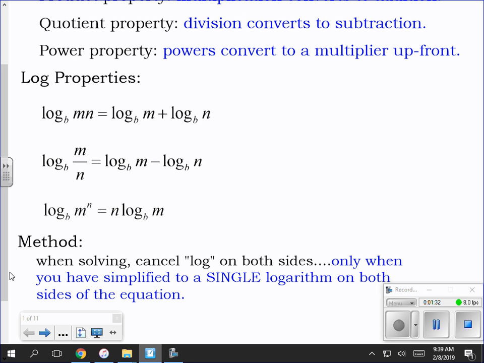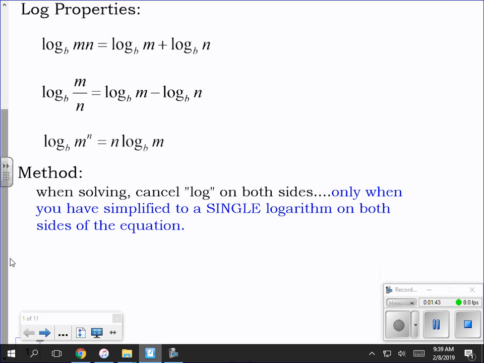Now, when we were solving exponentials the other day, when we first started doing logarithms and exponentials, we started solving them using the loop method. That was the first of 4 methods we're going to learn. This is the second one, canceling the log on both sides.